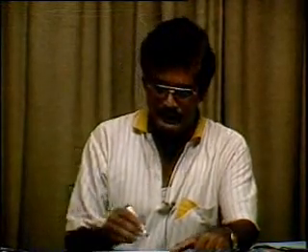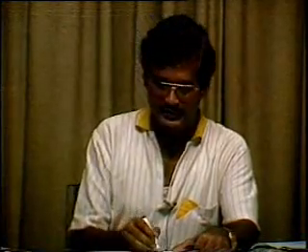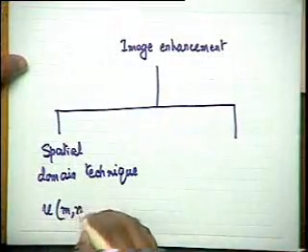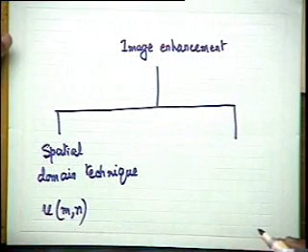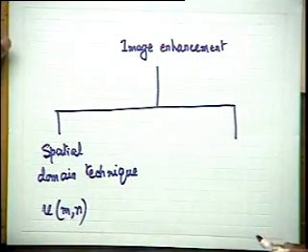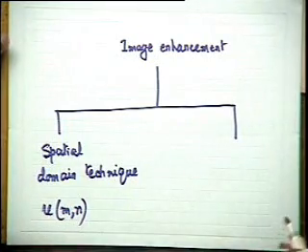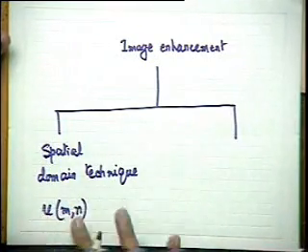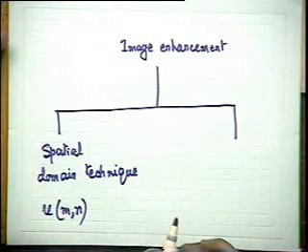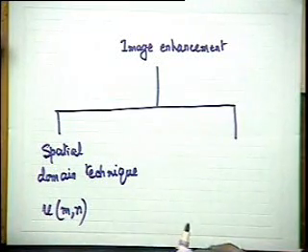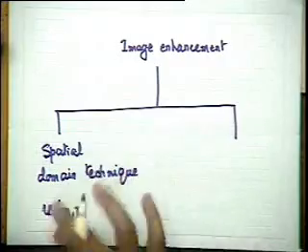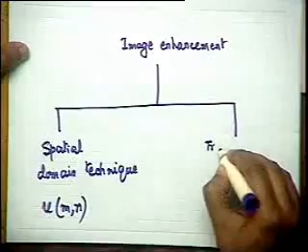That means we operate in the u(m,n) domain, where u is the image intensity function and m, n are its indices. So in the spatial domain technique, we directly operate on the intensity values, whereas the other technique is known as the transform domain technique.